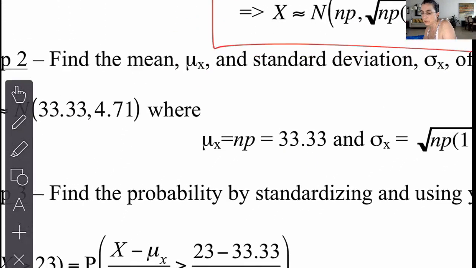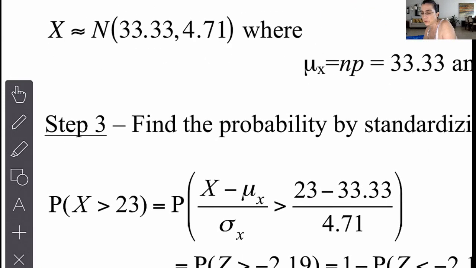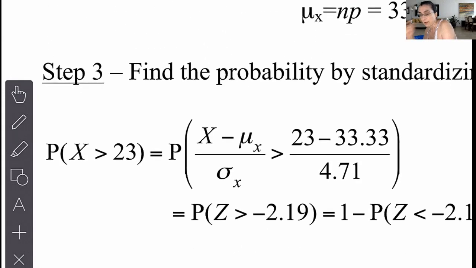How do we answer the question? Go back to the normal distribution. If I know it's normally distributed, I can standardize it. The probability of x being greater than 23 is a matter of standardizing. When I do that, using the mean and standard deviation I've computed, based on the theory which we derived, then we're looking for the probability that z, the standard normal distribution, is greater than negative 2.19.